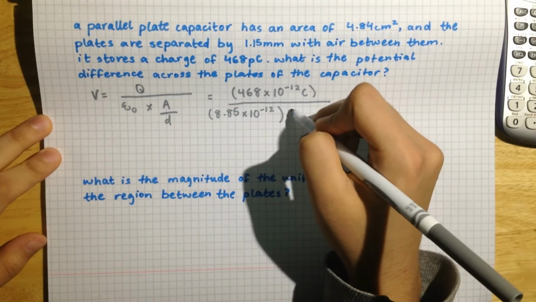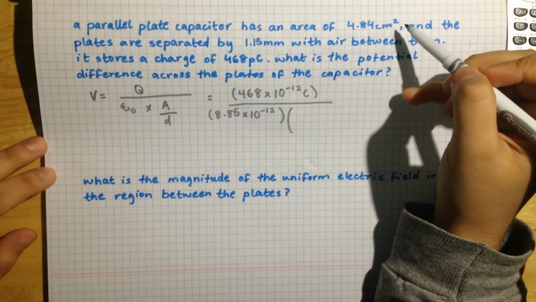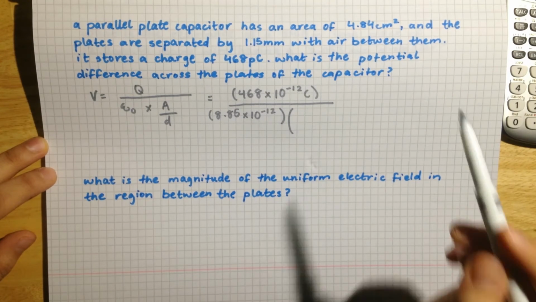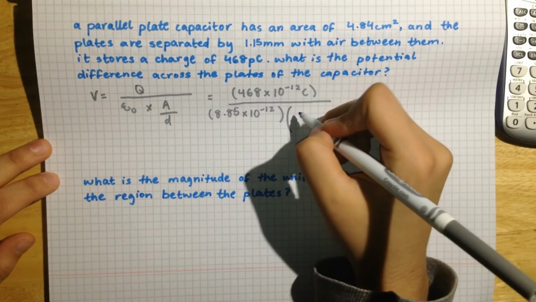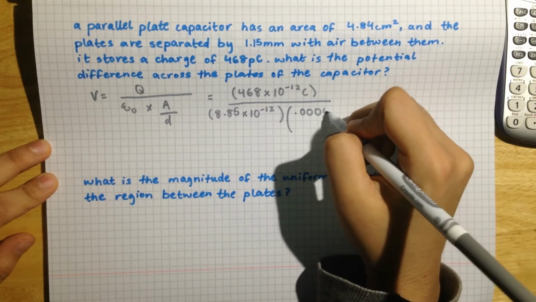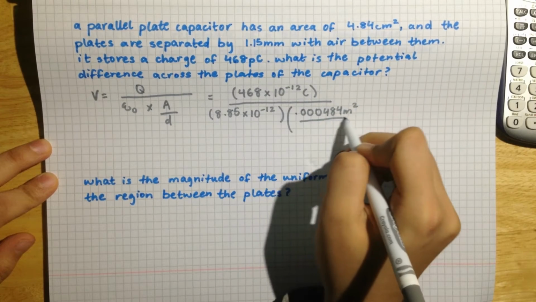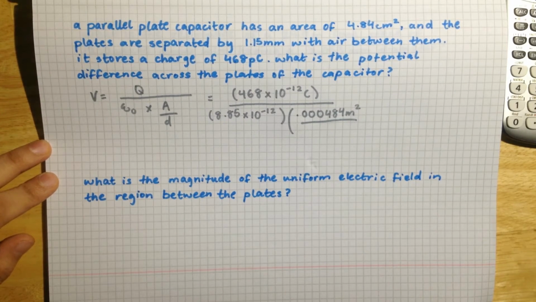Now we have to do the area over the distance. They gave us the area in centimeters squared, and we have to convert that into meters squared. So 4.84 centimeters squared is equal to 0.000484 meters squared, over the distance, which they have given us in millimeters, and we have to convert to meters.